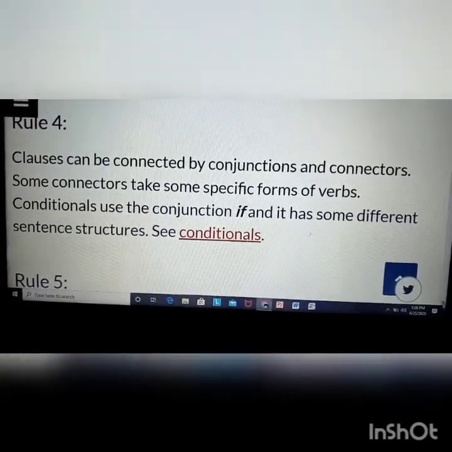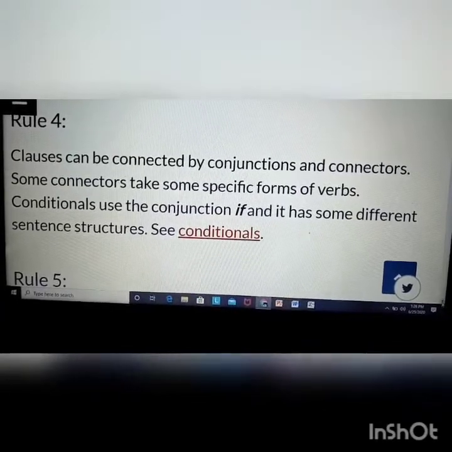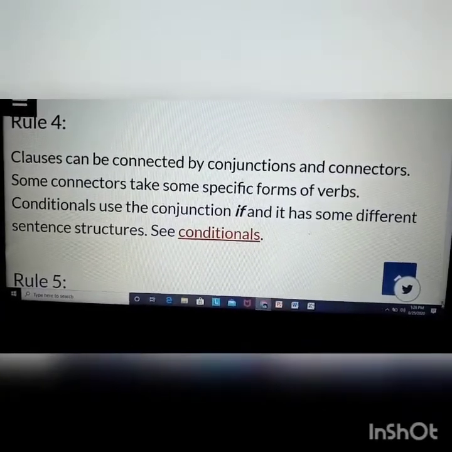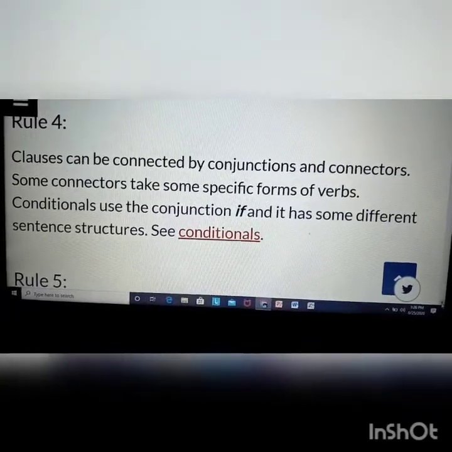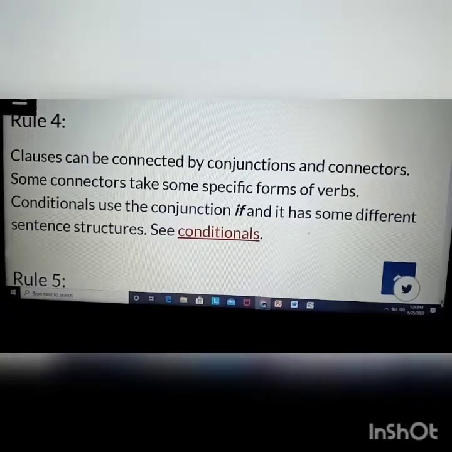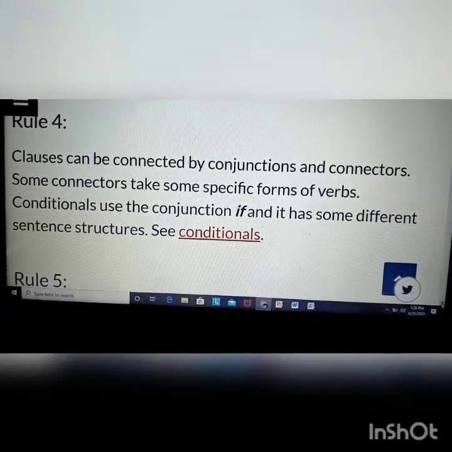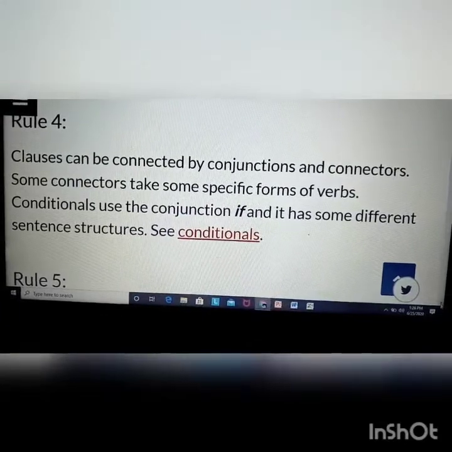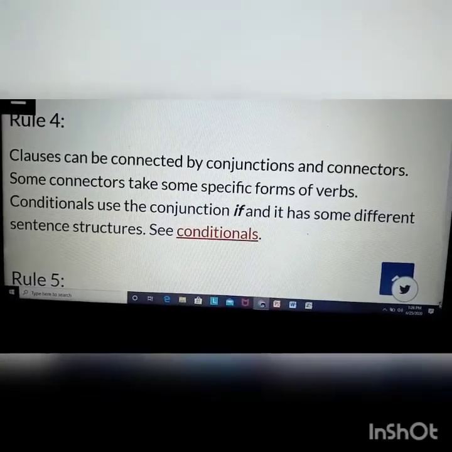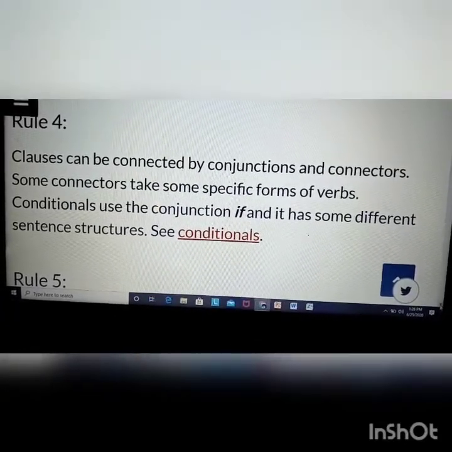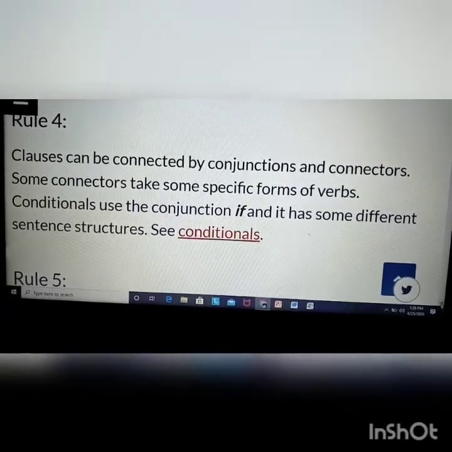Conditionals use the conjunction if, and it has a different sentence structure. After rule number 4, we will see different sentence structures which are constituted with if.